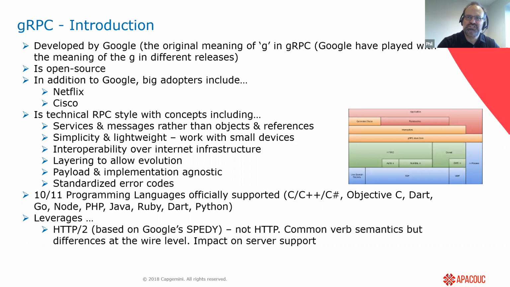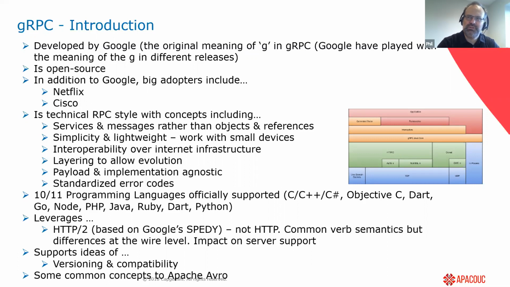As I say, it uses HTTP2, but HTTP2's differences are at the lower levels of the stack to give us further performance gains in the data transfer. And again, it has support for versioning and compatibility, so we're less likely to run into the problems of change.